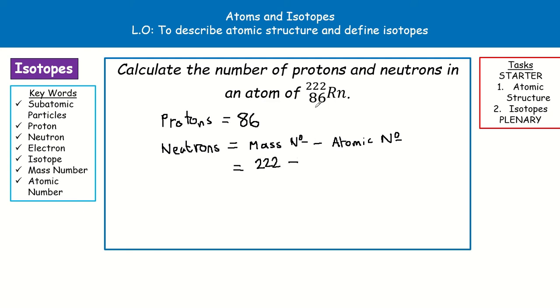We're going to take away the atomic number of 86, and of course you don't have to do this in your head because you are allowed a calculator in every single science exam. So 222 minus 86 gives us an answer of 136, and that is our number of neutrons. So that's all we actually need to do to calculate those.